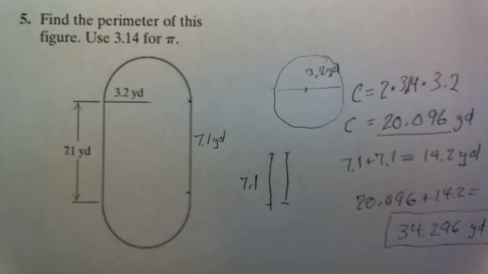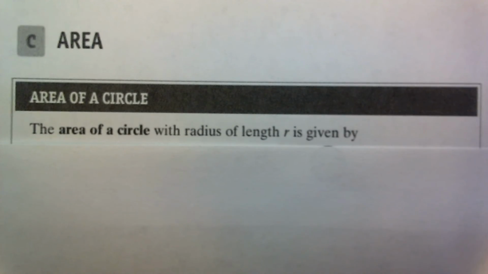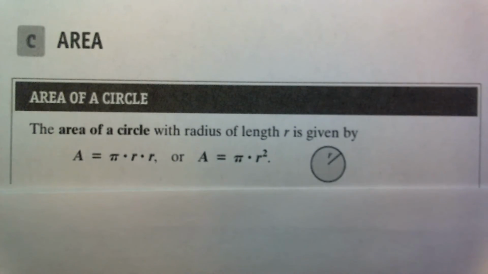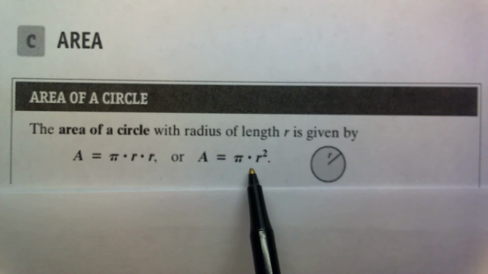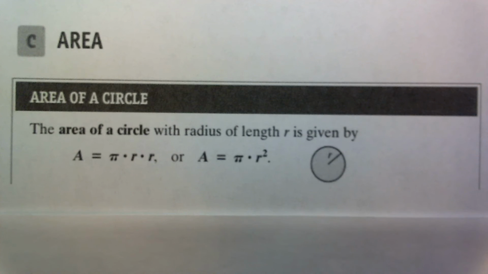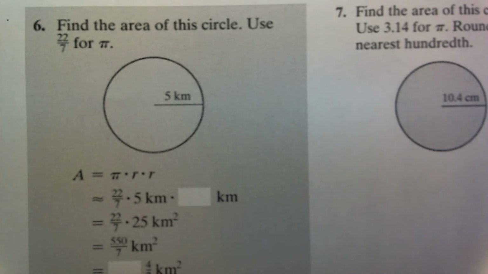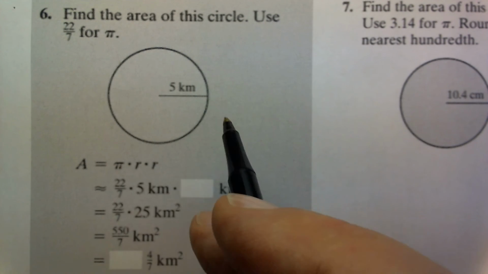Now, next is the area of a circle. And the area of a circle, where the radius is given, is equal to pi times r squared. So here's the radius of the circle. The area is equal to pi times r squared. In number 6, we find the area of a circle, and we have to use 22 divided by 7 for pi.